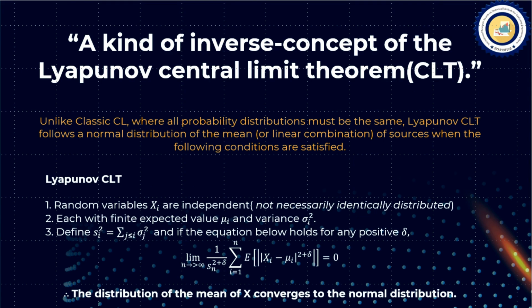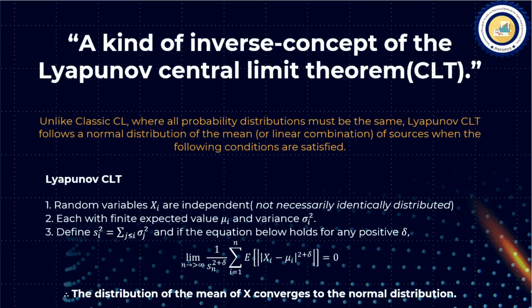This is because the concept of ICA is kind of the opposite concept of CLT. The core content of CLT is that the distribution of a new random variable consisting of a linear combination of independent random variables follows a Gaussian distribution.